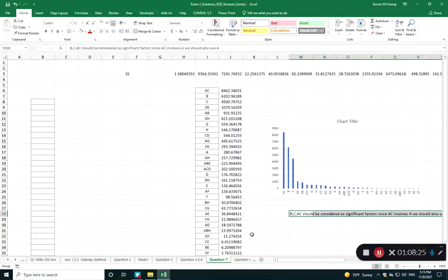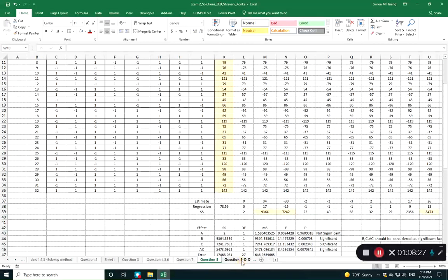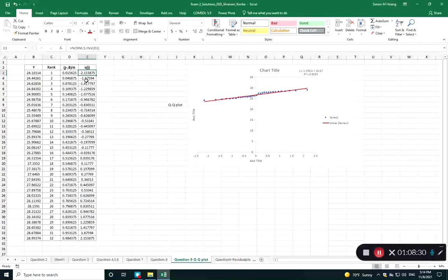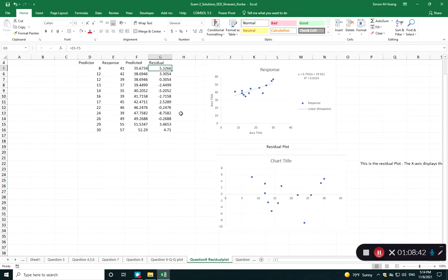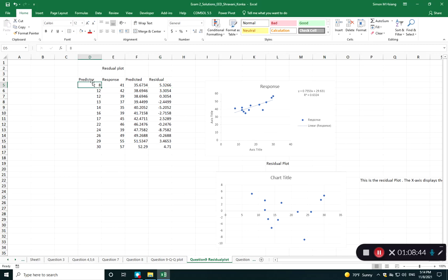Okay, Question number 9. So QQ step 1. This is the residual. The next one is the residual plot. So where is the residual? Oh, here's the residual, but this is not the leftover one.